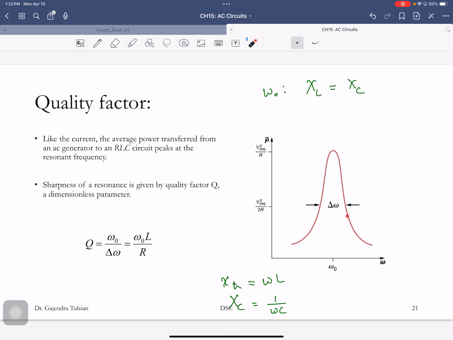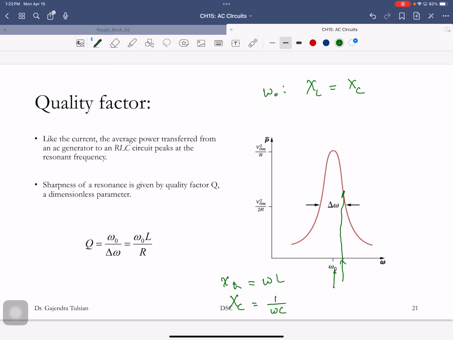This is the station you want to catch, and if your circuit was not sensitive enough and a nearby station transferred that much power to your circuit, you'll get disturbance.